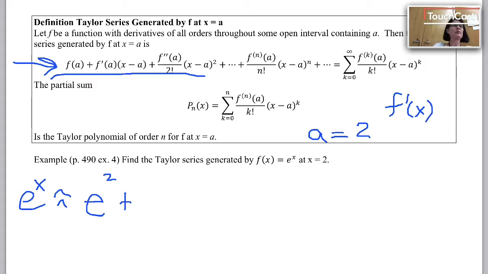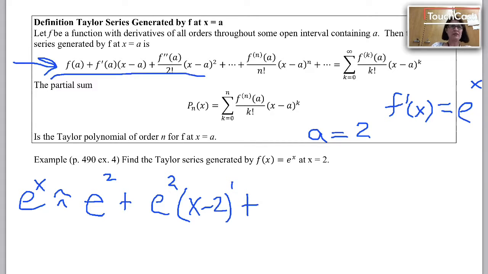God bless e to the x, right? He's his own derivative, so f prime of x is also going to be e to the x, and f double prime of x is also e to the x. f triple prime, f fourth prime, they're all going to be e to the x. So this is going to be f prime of a, which is also e squared, times x minus 2, to the first if you want to put that, but that's not required.